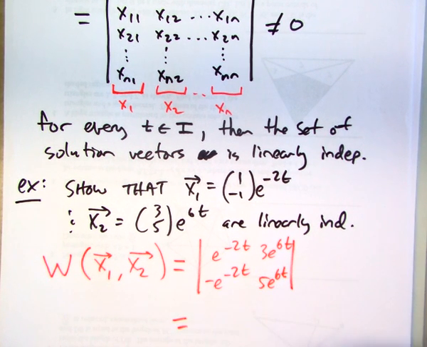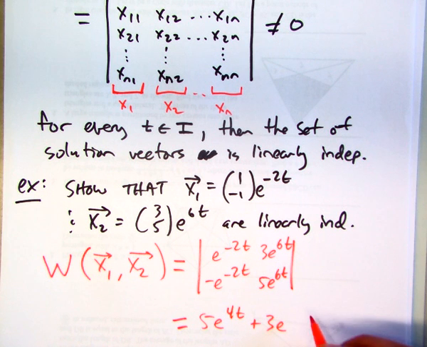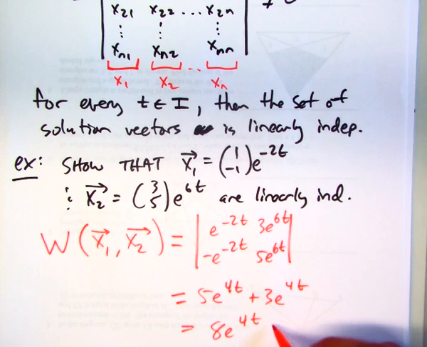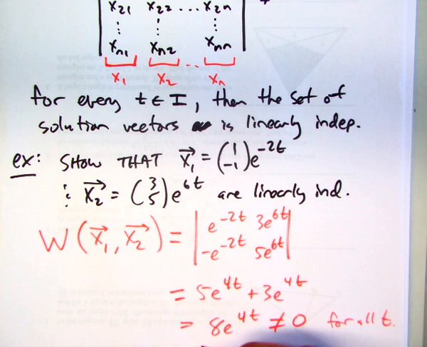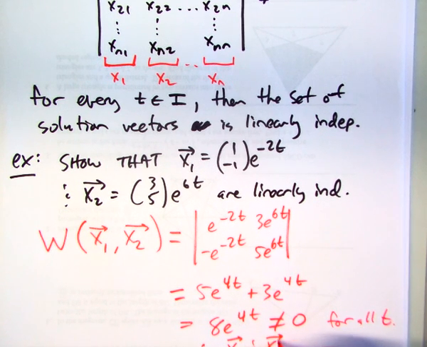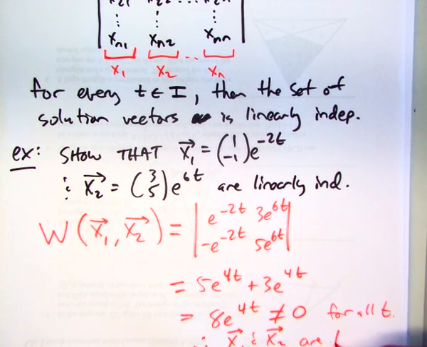If you compute the determinant, you get 5e to the 4t plus 3e to the 4t, which equals 8e to the 4t, which never equals 0 for all t. Therefore, x1 and x2 are linearly independent.